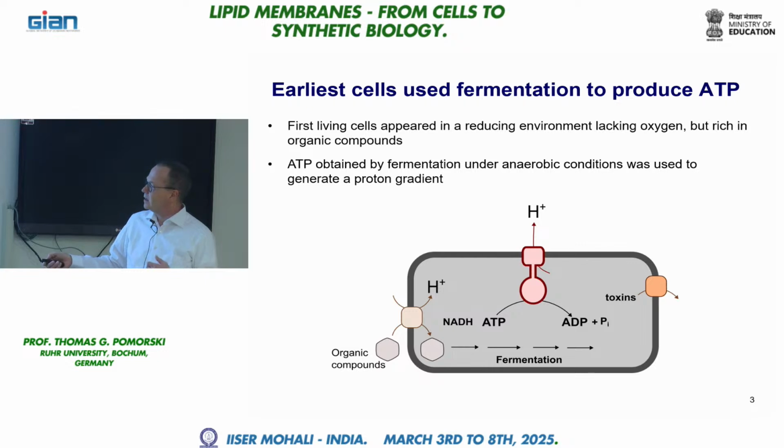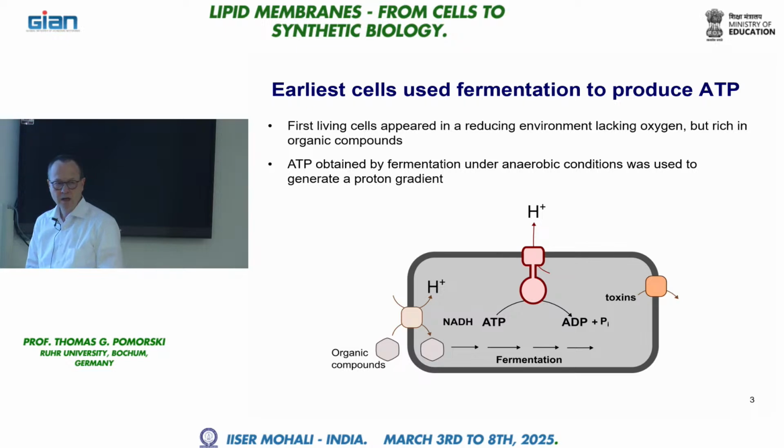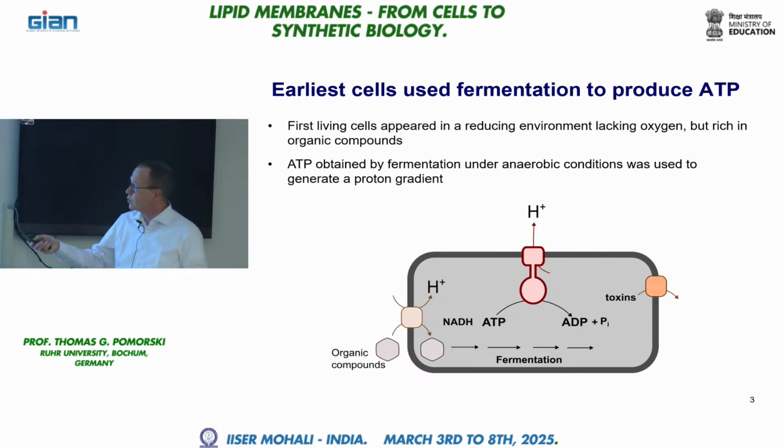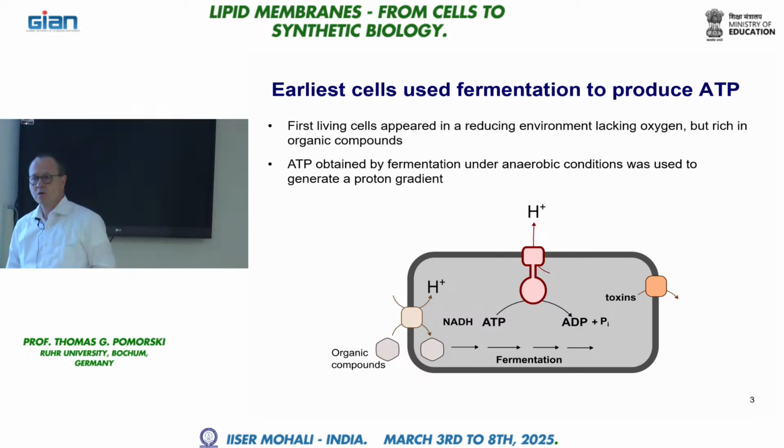So most likely, these first organisms would have a mechanism to extrude protons and use this gradient of protons to move organic substances in, to accumulate them. That could be the first organism that we think of. Maybe they even used this proton-driven transport not only to take up material, but also to secrete material like toxins to protect themselves in the ocean around them, with all these organic substances.